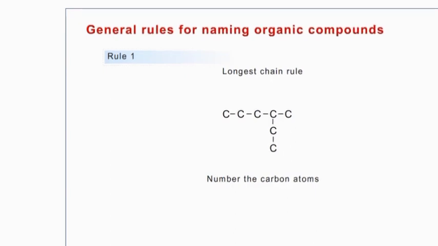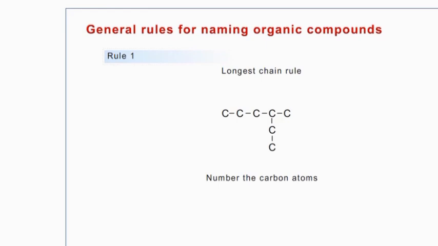There are many rules that will help you name various organic compounds. Rule number 1 could be named the longest chain rule. So you could see a carbon skeleton and you could see the structure. In the previous examples, you have seen the carbon atom on which the chlorine atom is attached is numbered.